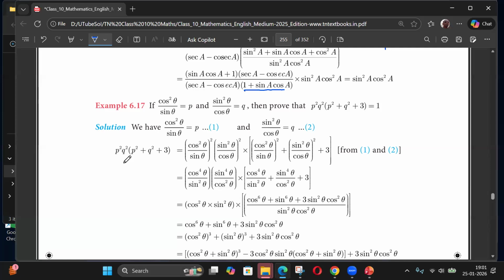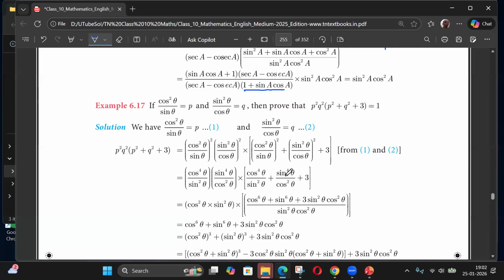So P is this one. So P square is this square, and then Q square, this one, and then under the full thing. And then you have this, cos raised to the power 4 by sin square.